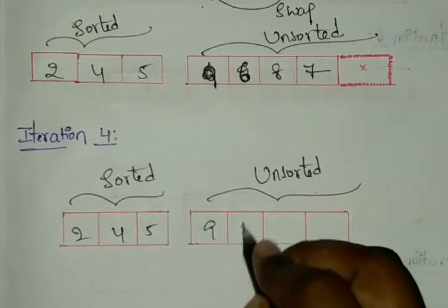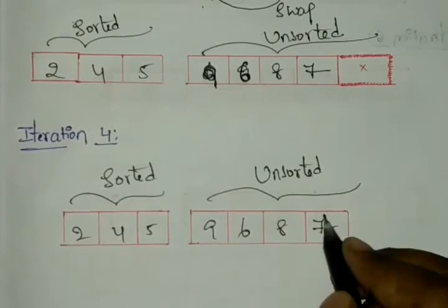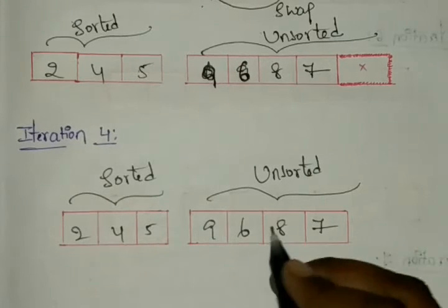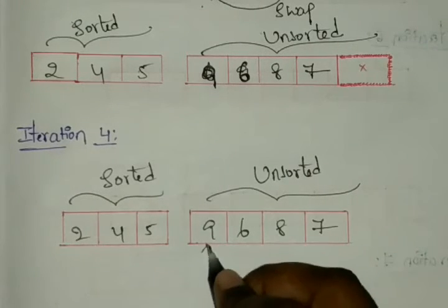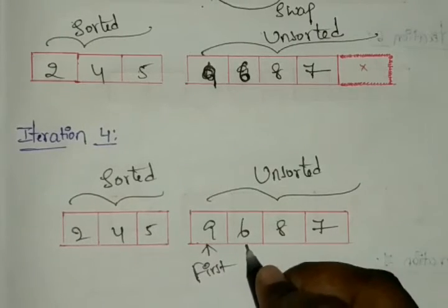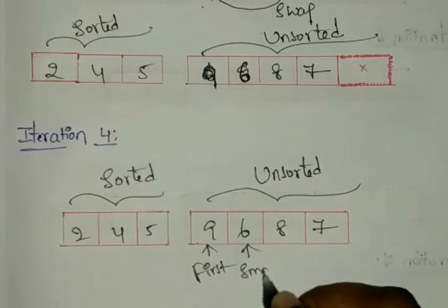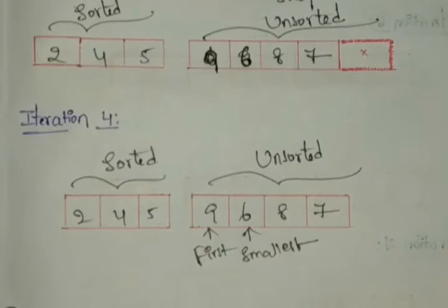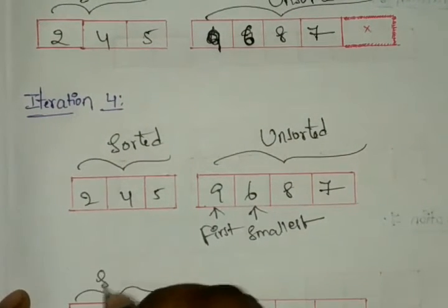And you can check here 9, 6, 8, 7 we have. Compare these elements. This is the first element in the list. Compare these elements. You will get the smallest element is the 6. So this is the smallest element. And then you can swap 6 with 9.